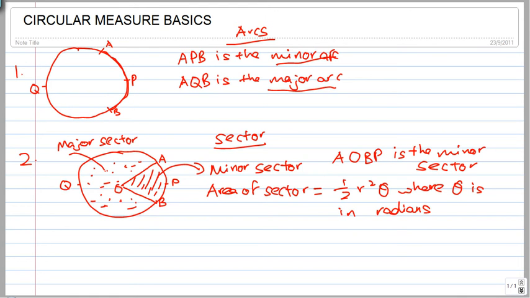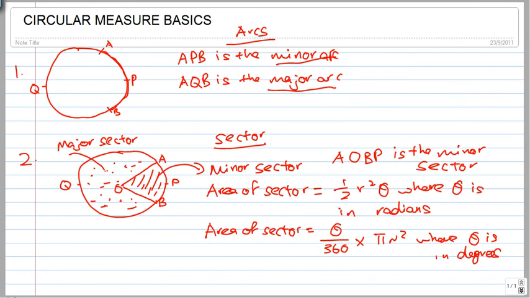Or you could also take area of sector equals theta over 360 times pi r squared, where in this case theta is in degrees.